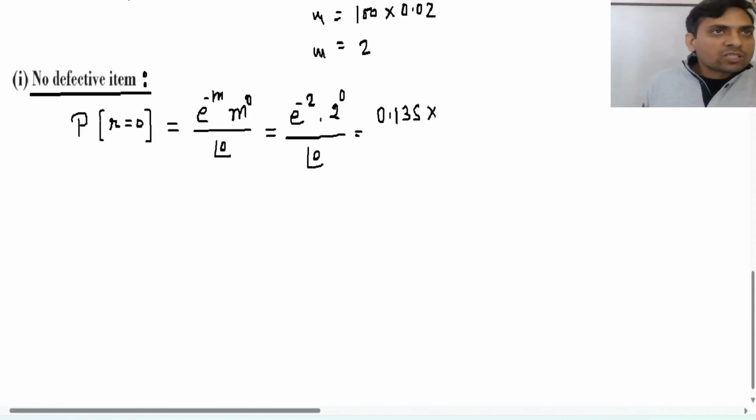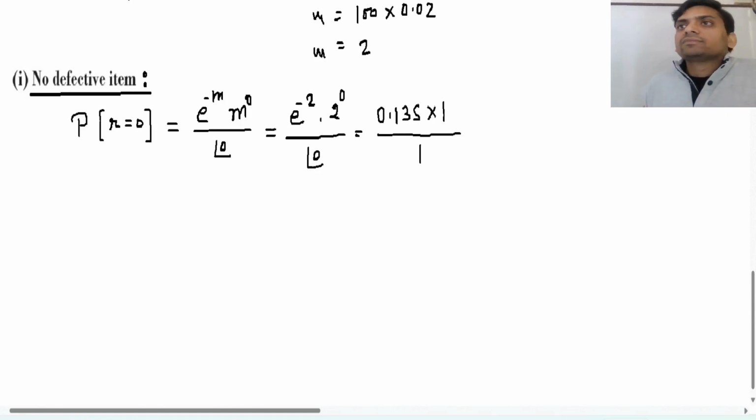If the power is 0, then this quantity becomes 1. And factorial 0 is again 1. So the answer of this part is 0.135. This is the probability of no defect, or we can say probability of 0 defect.